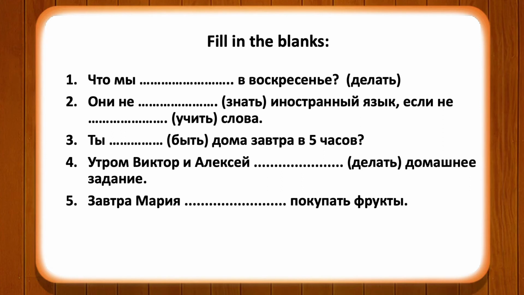Let us do an exercise to use the verbs which are given in the bracket in future tense. The first sentence that you can see is что мы в воскресенье. The verb that you need to use is делать. Делать means to do. To use this verb in future tense, you have to use the conjugated form of the verb быть according to the subject. The subject here is the pronoun мы.